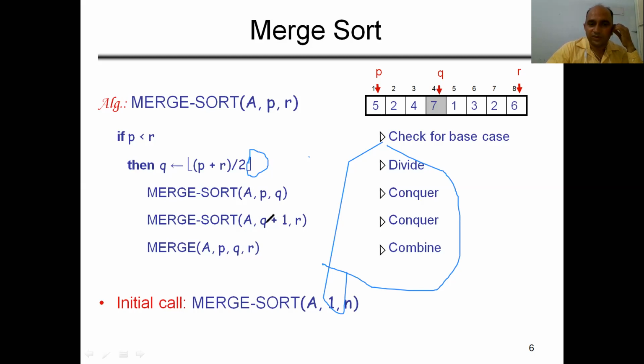First index Q plus 1, because Q was our middle index, and last index is R. After calling these two steps recursively, we reach the final divide step, and we can solve the problem of merge sort.